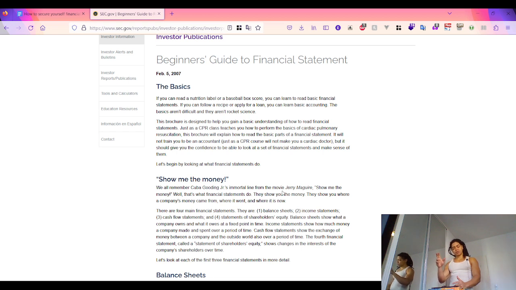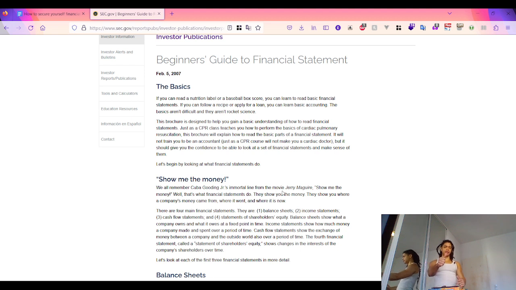So while the income statement can tell you whether a company made a profit, a cash flow statement can tell you whether a company generated cash over a period of time. Typically it analyzes the cash flow from operating, financing, and investing activities.